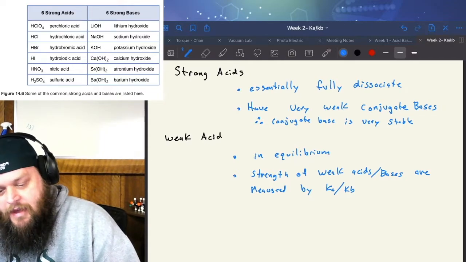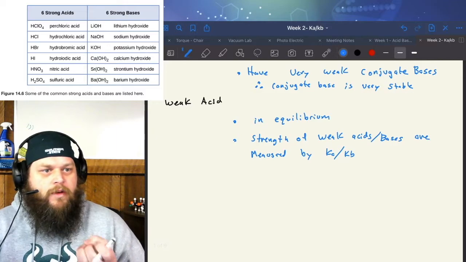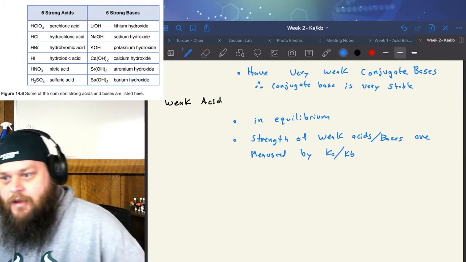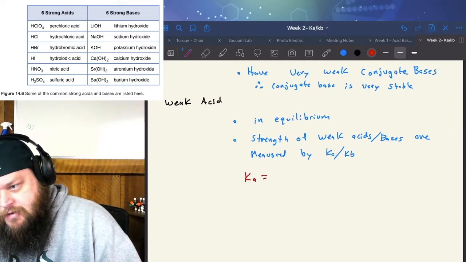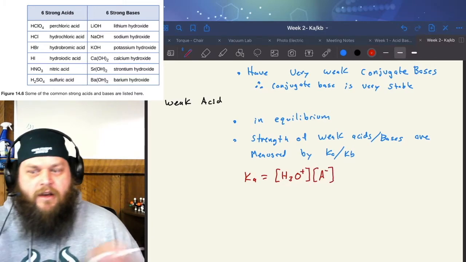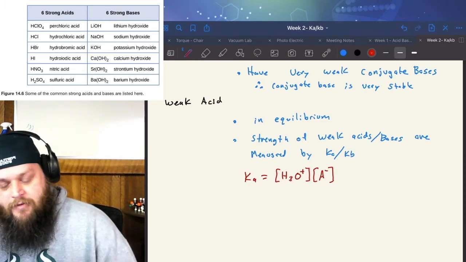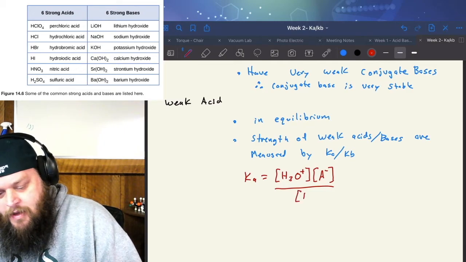And their Ka and Kb value is basically that equilibrium constant at equilibrium, which I'm going to write as Ka is equal to the concentration of H3O plus times A minus. A minus being basically that conjugate base that's there after it's lost the H, the proton. And then HA being the acid.